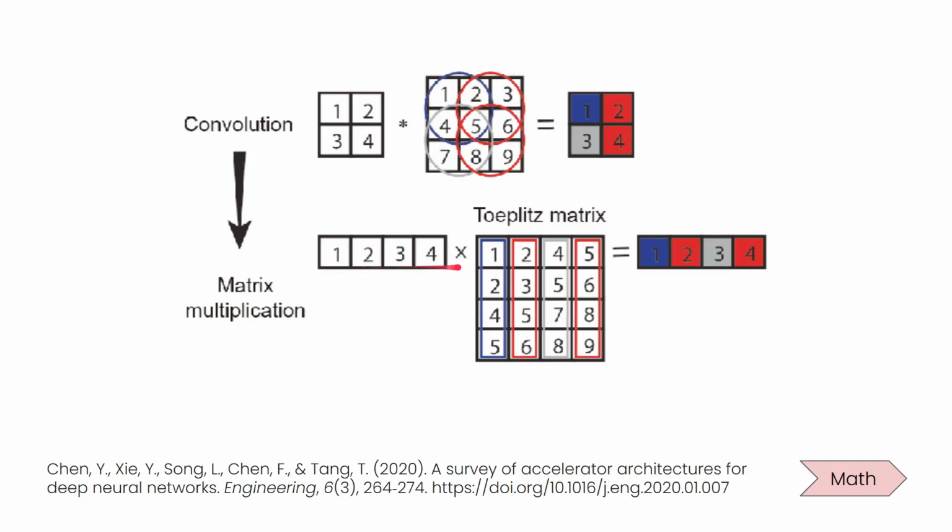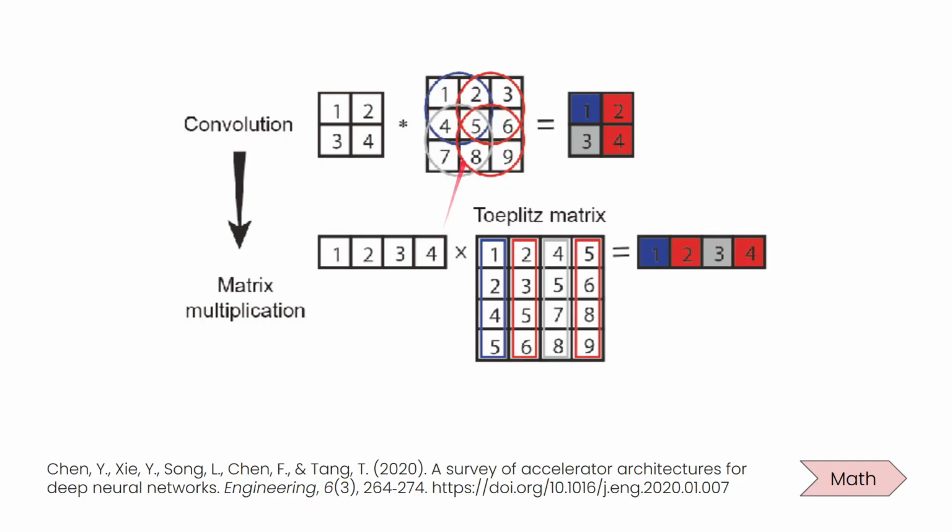Now take a look at this, you can call it a vector. This vector multiplying by the first blue column of this matrix. Well, the first element multiplies by the first, second by second, third by fourth, and fourth by fifth. It's the exact same multiplications that occurred in this first filter placement. And then, of course, you're summing together all those products, just like you're summing together all those products here, and you place the result in this first element of the output vector.